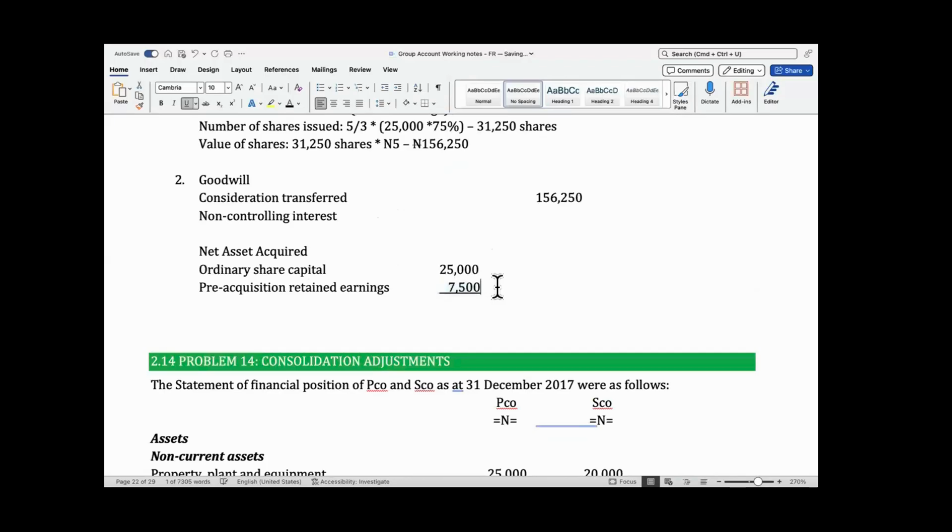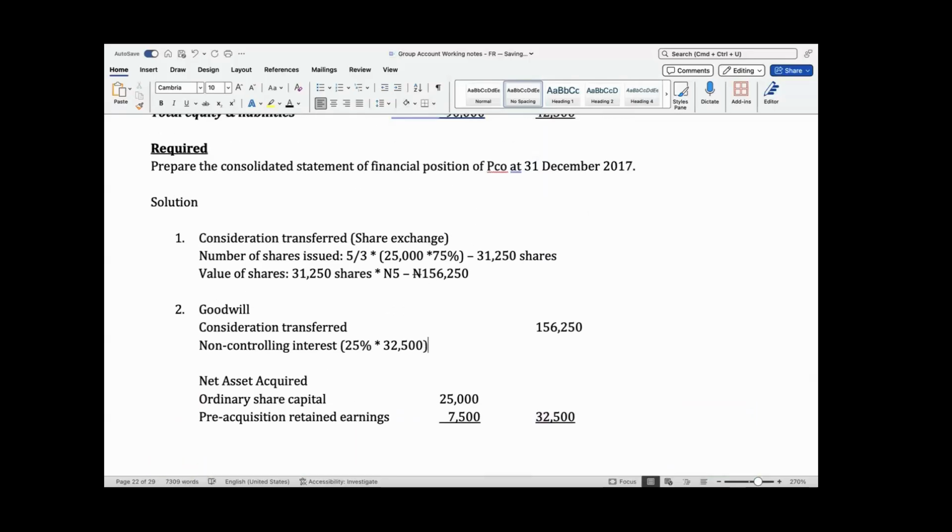The total gives us 32,500. Then proportionate share, that's 25% times 32,500. How much is that? 8,125. So how much is this?